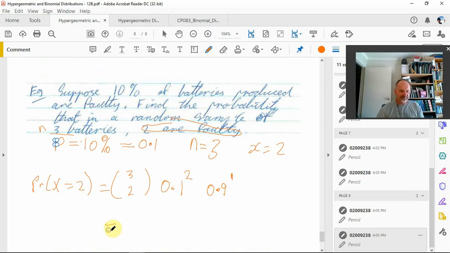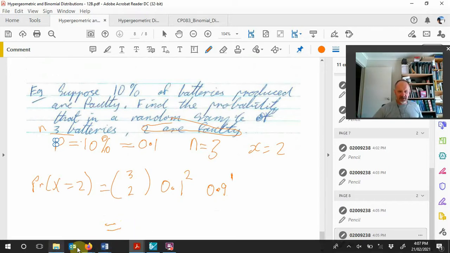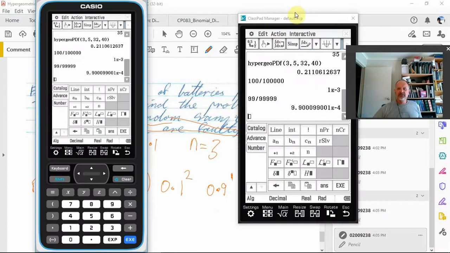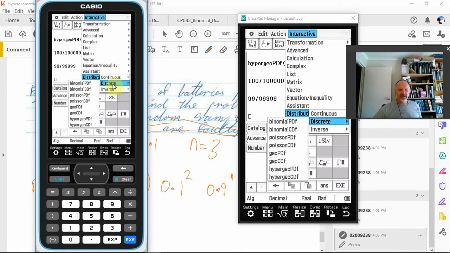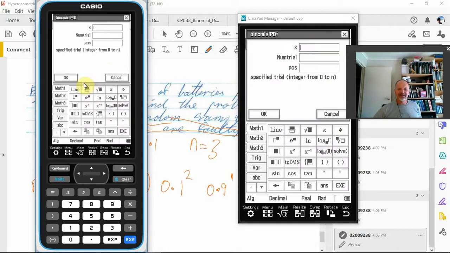All right, so on our calculator, similar to before, we go interactive, we go to our distributions, we go to discrete, and this time it's the top one, binomial PDF. x is the specified number of successes we are interested in, which is 2.